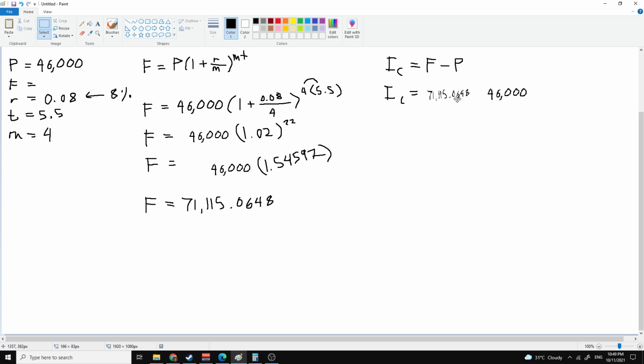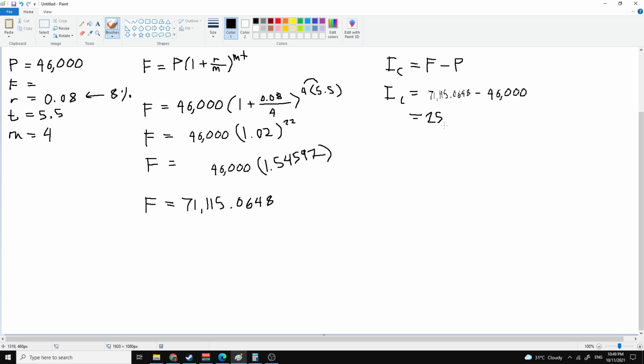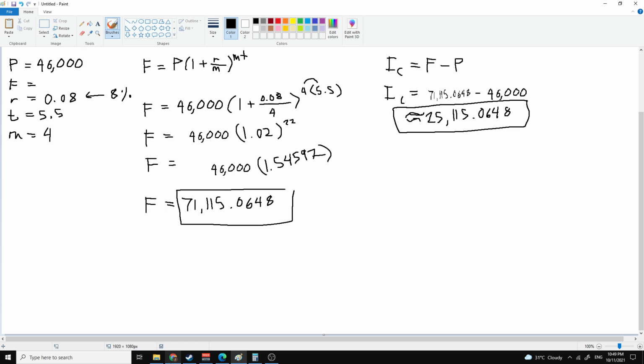Our future value is subtracted by the original value, the principal value. So just this value minus 46,000. The final value is 25,115.0648, estimated around that so that we don't waste too much time. So that's our interest.